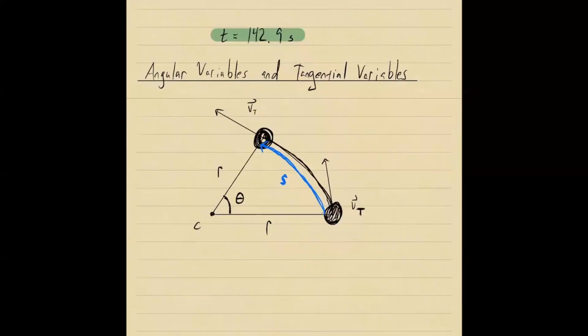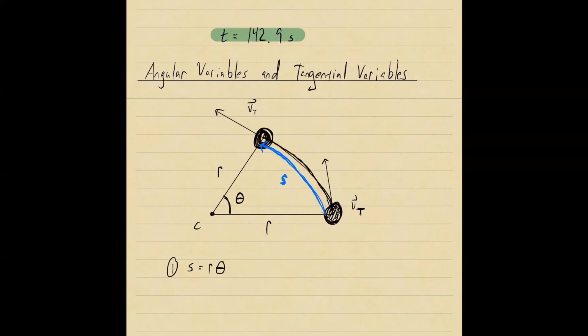And so some relationships. The arc length, S, is going to be equal to R times the angle that we actually travel, theta, which makes sense, right? Because S is the distance you have to walk if you're walking around a circular field.